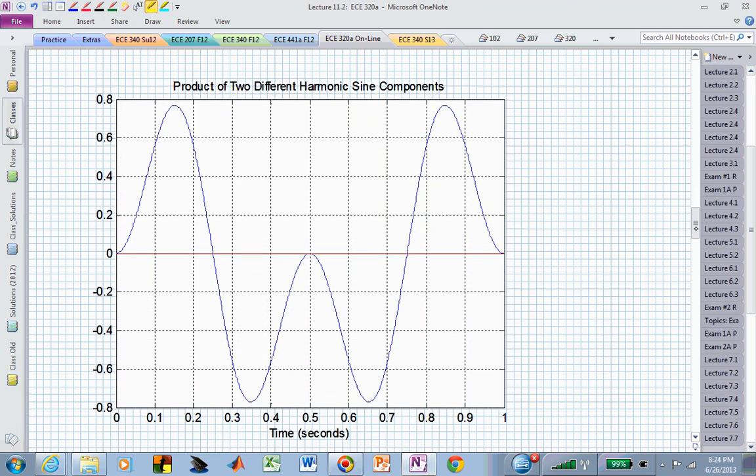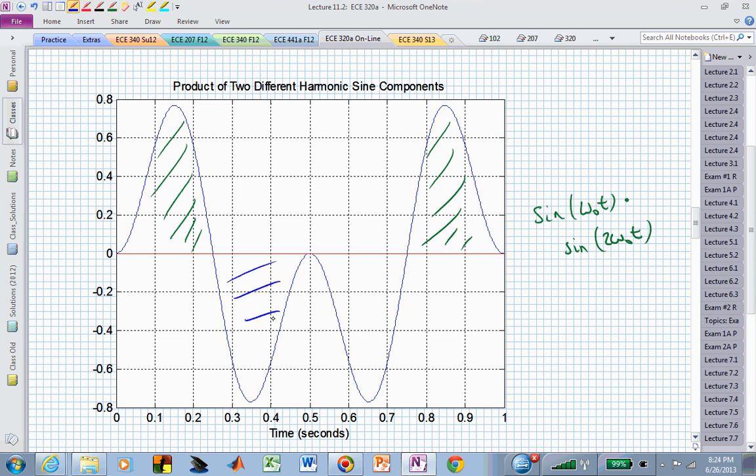If we looked at the product of two different sines that have different harmonic content, and I believe here I'm looking at sine omega t times sine of 2 omega naught t, hopefully it's clear that this positive area would be canceled by this negative area in this interval of 1 second.